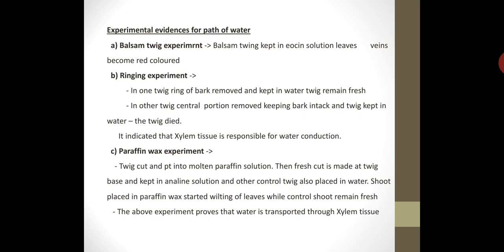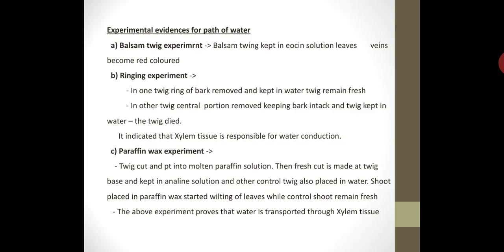First experiment is called the balsam twig experiment. In this experiment, a balsam plant, which during the rainy season grows very vigorously in the hilly areas, is used. This balsam twig has pink colored twigs, leaves, etc. These twigs were taken for this experiment.